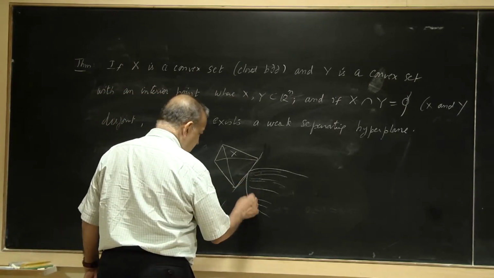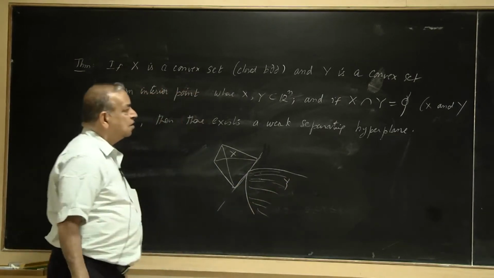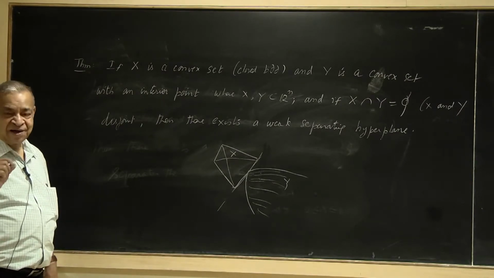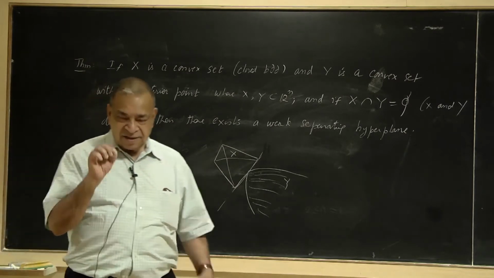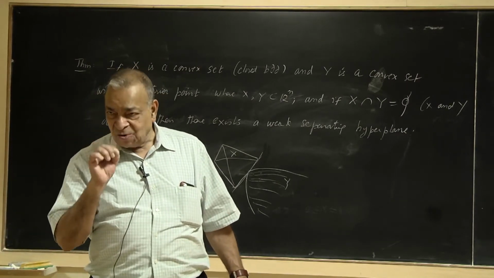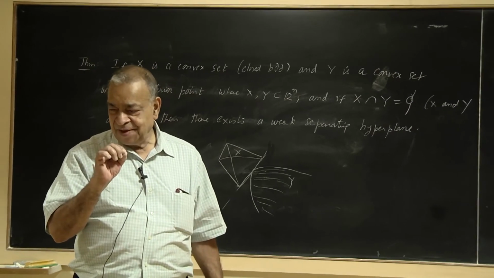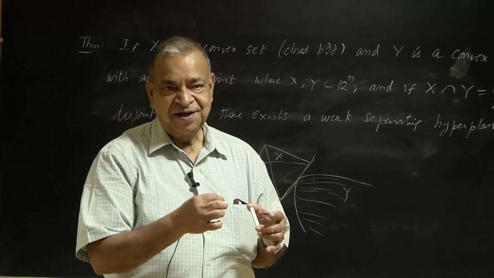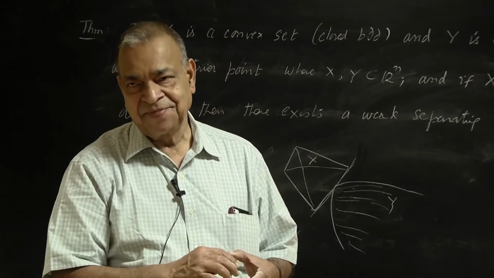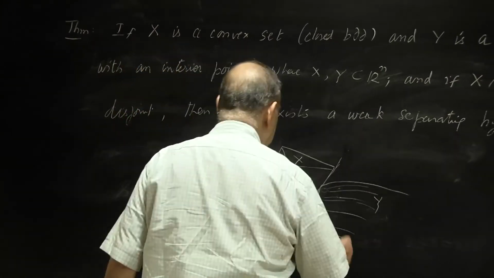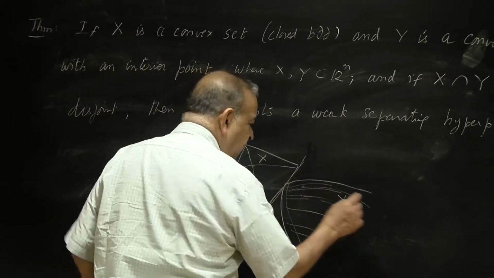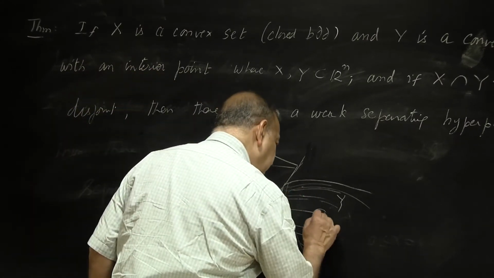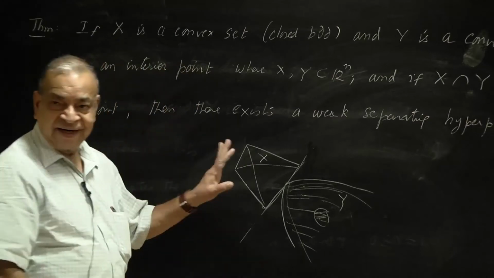Now this is the other set y, which is just a convex set, and it has an interior point. By interior point you mean there should be at least one point around which you can draw a sphere, and the sphere is completely inside the set. If you can do that, then the set has interior. So, for example, in this case, you have to imagine it as a three-dimensional object. So there is a sphere which is somewhere here, which is contained.